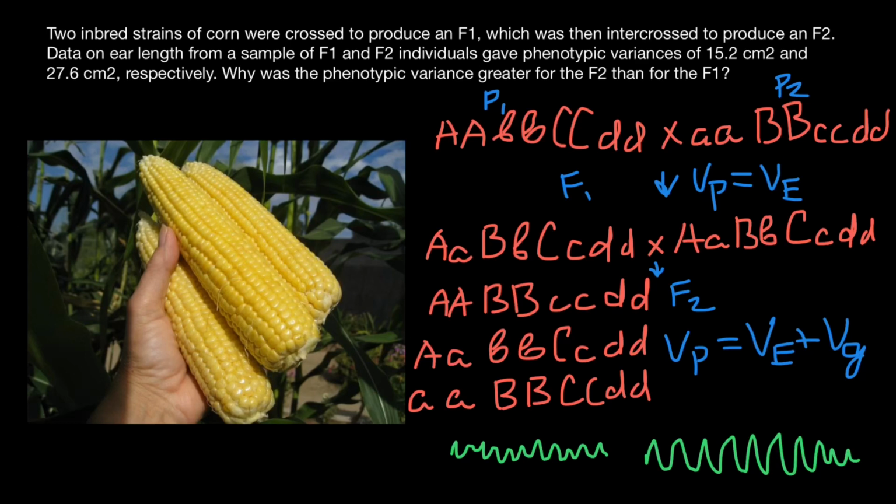So you see that here the variance is going to be greater than in the example with the F1 generation, or if we also take inbred parental generations from both sides.